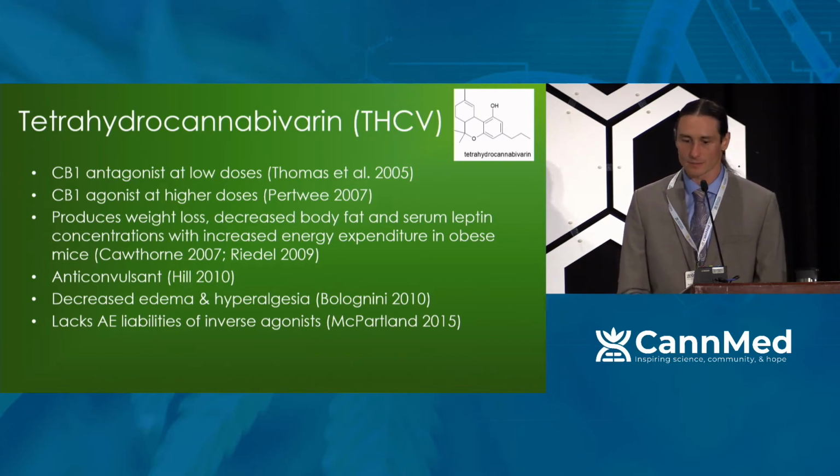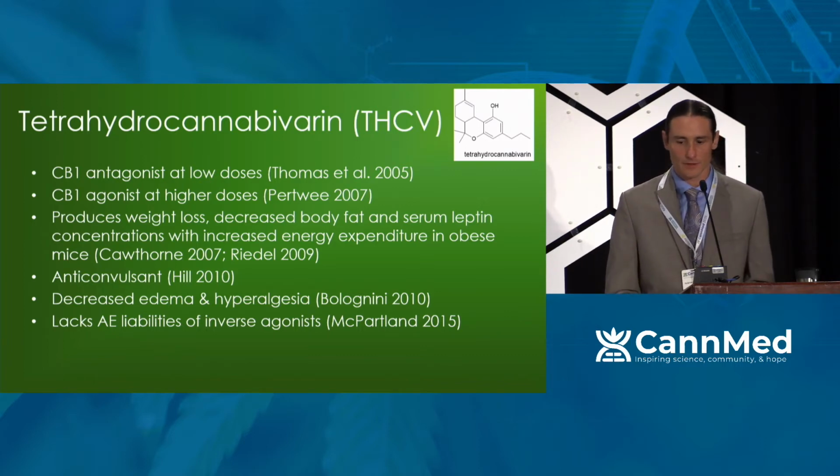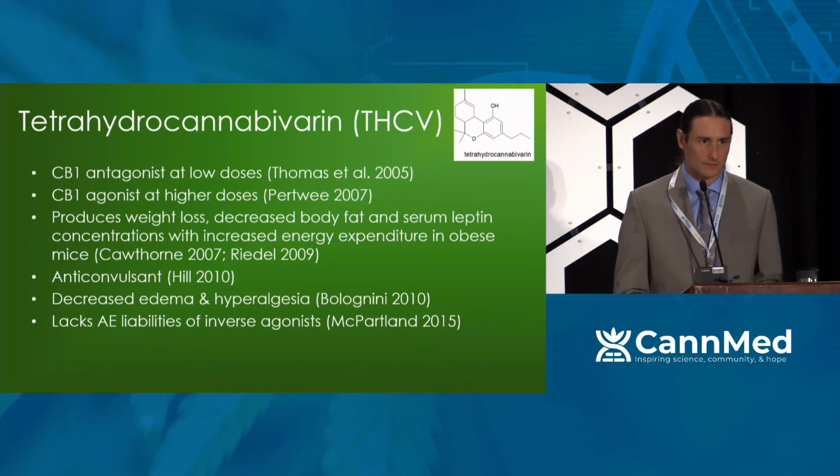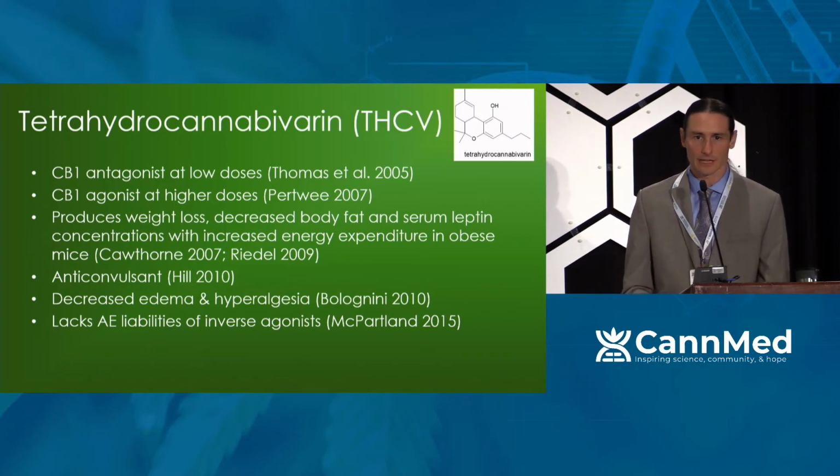It has anticonvulsant properties, decreased edema and hyperalgesia in a mouse model, and it also lacks the adverse effect liabilities of your typical inverse agonists like rimonabant. It does not cause that dysphoria and that dysregulation of the endocannabinoid system as far as we know.